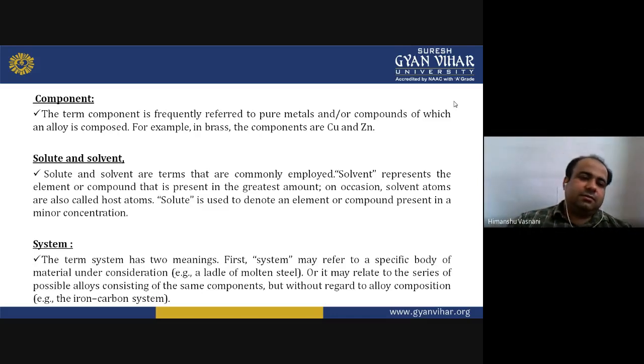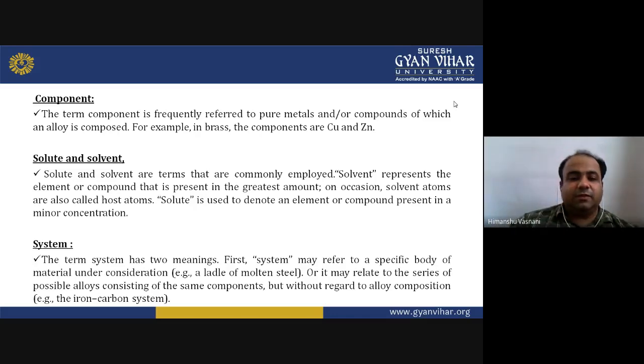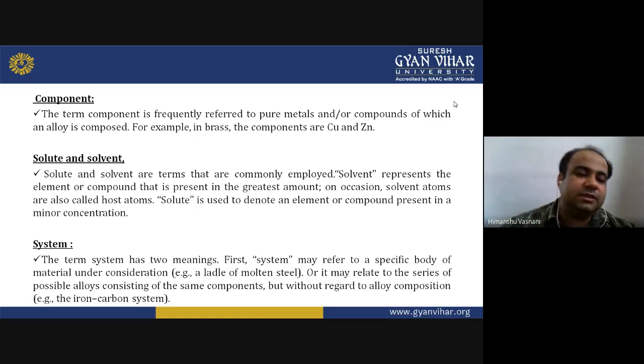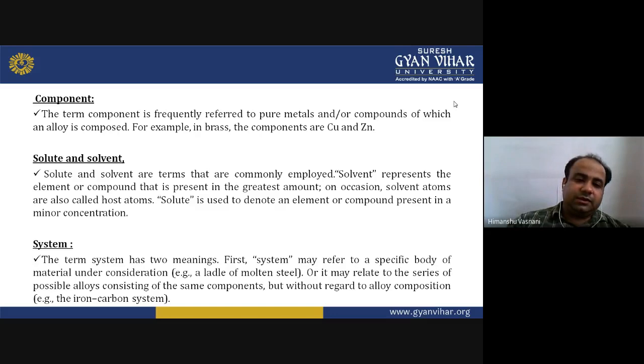Then system. The term system has two meanings. First, system may refer to a specific body of material under consideration, for example, a ladle of molten steel. Or it may relate to the series of possible alloys consisting of the same components but without regard to alloy composition, for example, the iron carbon system.